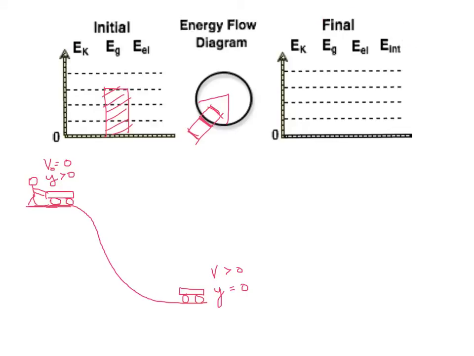So now we start with 3 blocks of energy initially. 2 more have been added in by the push of the person. So now, if we look over here at the final, you might say, like we said last time, that we said 2 blocks would be our energy kinetic at the end.